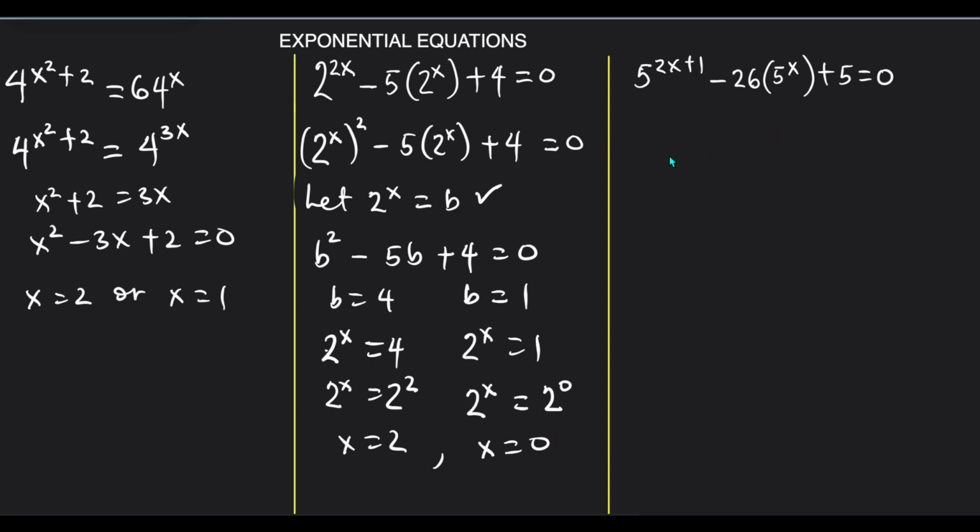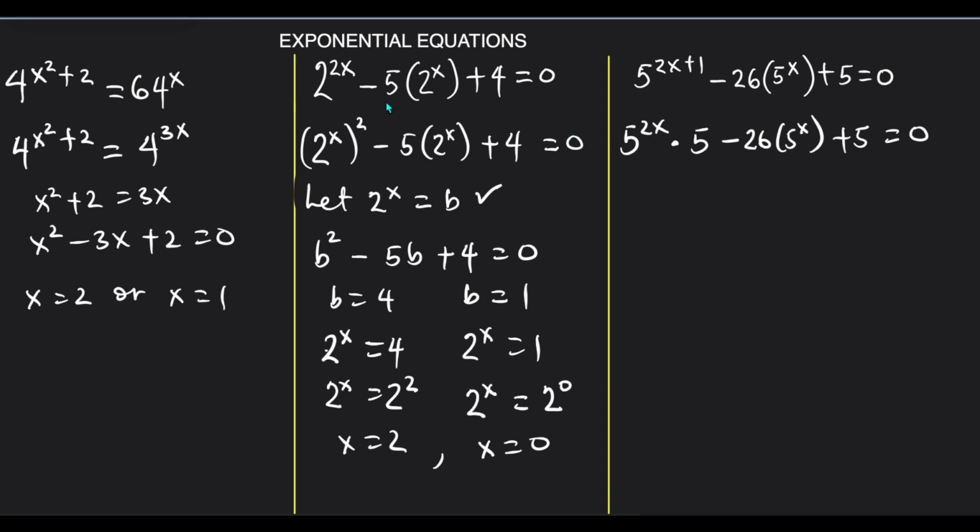And the last question, we have 5 to the power of 2x multiplied by 5 because of this plus 1. As we all know that 5 is raised to the power of 1, and we can revert back to 2x plus 1 by adding the index. So minus 26 times 5 to the power of x plus 5 equals 0.